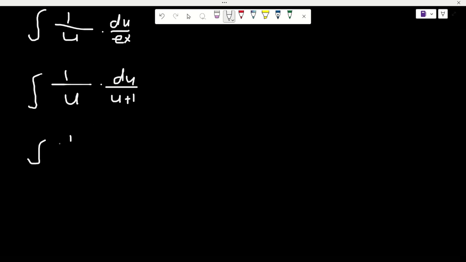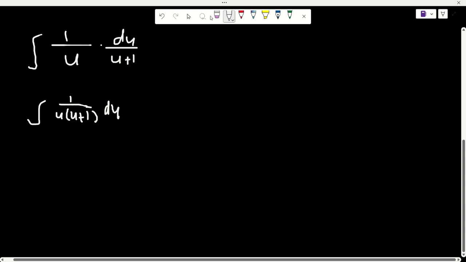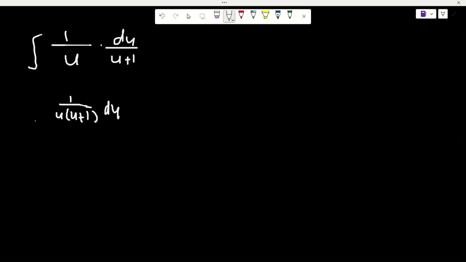So it is equal to 1 over u times (u plus 1) du. If we have this kind of formula, we can use a partial fraction decomposition.